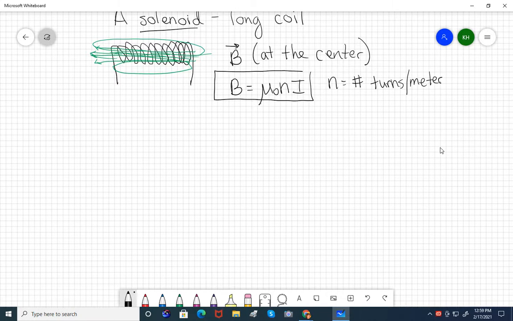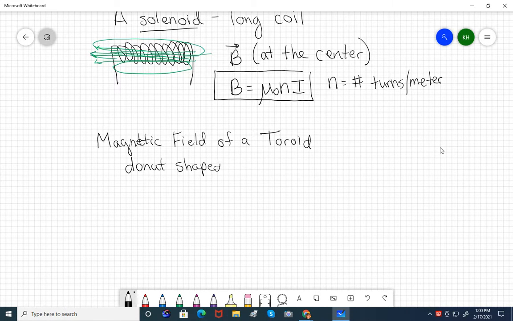And then our final one we want to look at is the magnetic field of a toroid. A toroid is basically a donut-shaped solenoid. Take that and turn it in a circle.